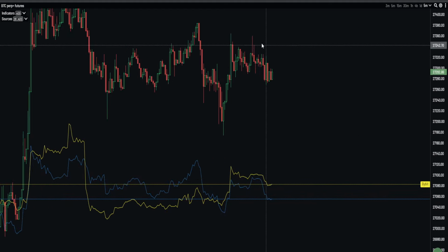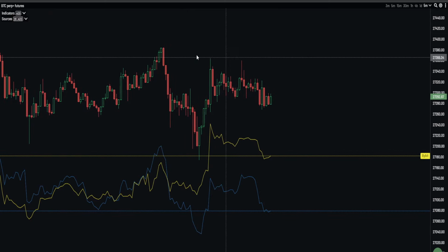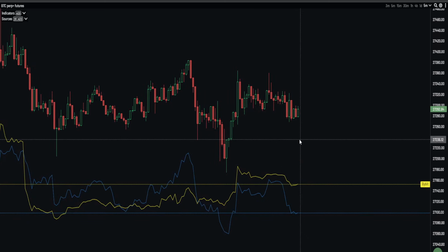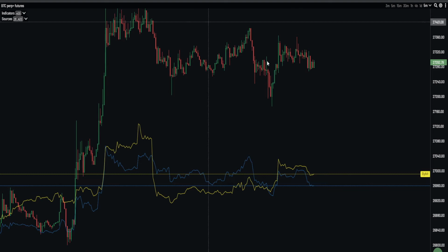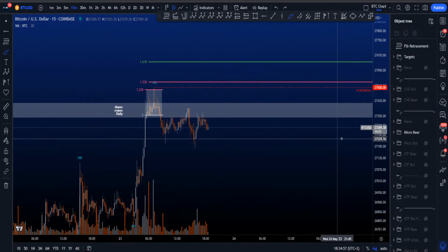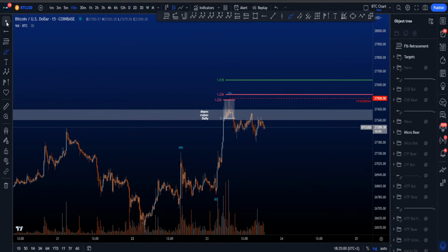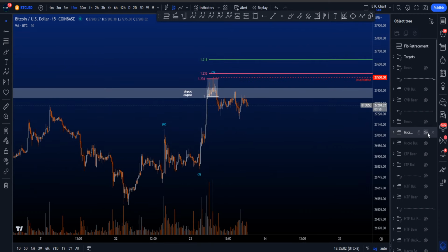And then more locally, one could say, hey, we have a bearish divergence, right? Lower high on price, higher high here on the yellow CVD. That is a bearish divergence, which is true. But we also have the bullish divergence. So it's a little bit of a mix. We have bullishness and bearishness going on very locally, which of course can make it confusing, but we have to wait and see what price is going to give us right now.